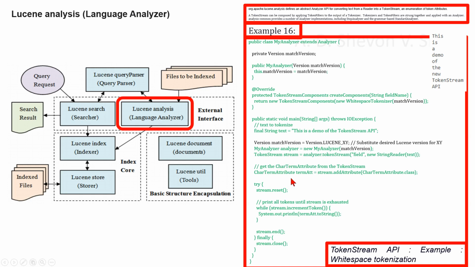Get the char term attributes from the token stream. Print all tokens until the stream is exhausted.